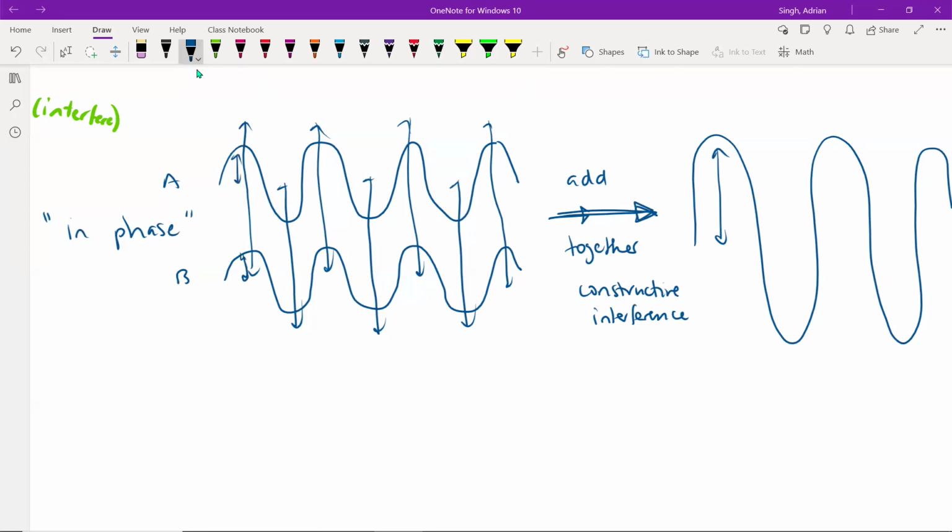And that happens when waves are in phase, when the peaks overlap and when the troughs overlap as well. We have constructive interference and we have bigger amplitude. So in other words, the light then should appear very bright.